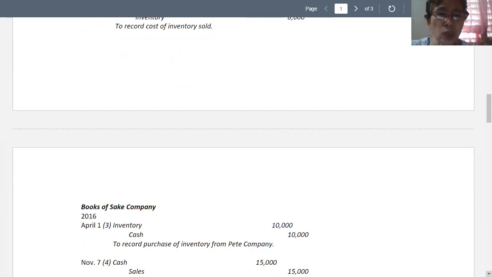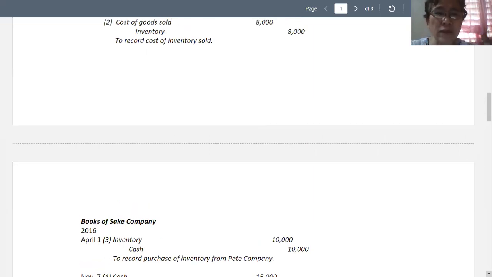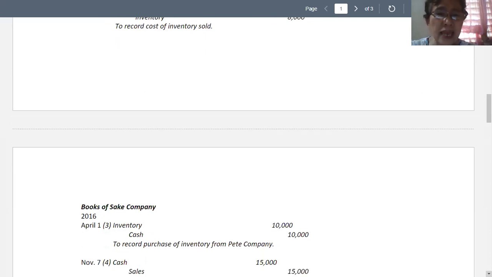Again, in the books of SAIC, who we assume as the subsidiary, debit to inventory, credit to cash. So take note, Pitt is crediting inventory and SAIC is debiting inventory upon purchase.